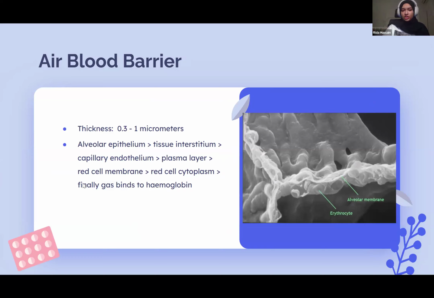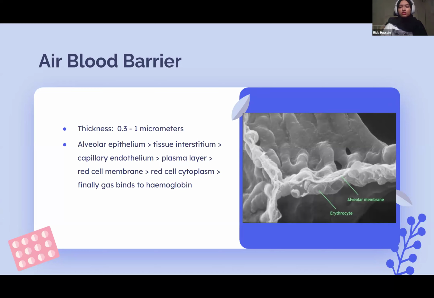The air-blood barrier, its thickness is 0.3 to 1 micrometers, which I like to assume is basically 1 cell thick, which is a necessity because oxygen has to pass through so many layers and it has to pass through those efficiently. So they have to be really thin, right? And then this is just the order of everything. You have to memorize it.